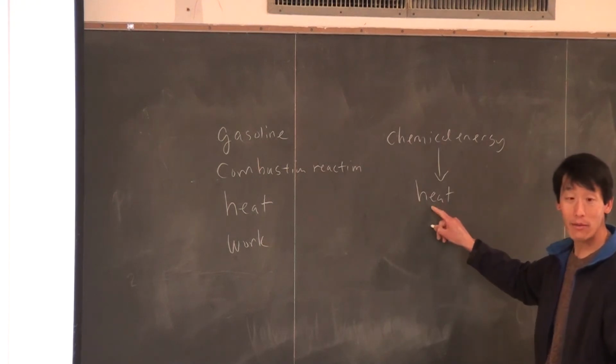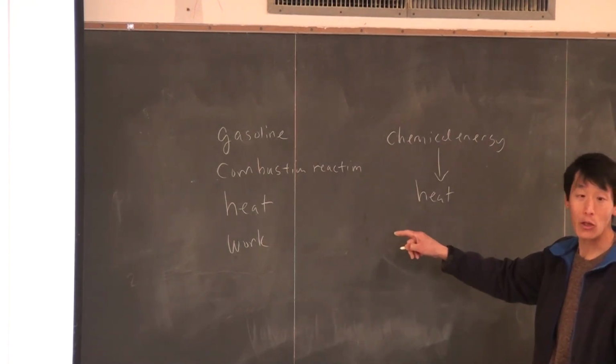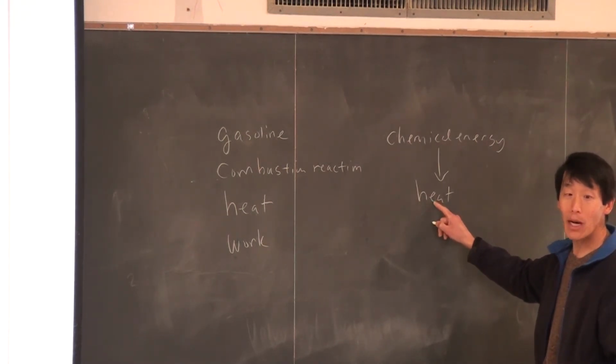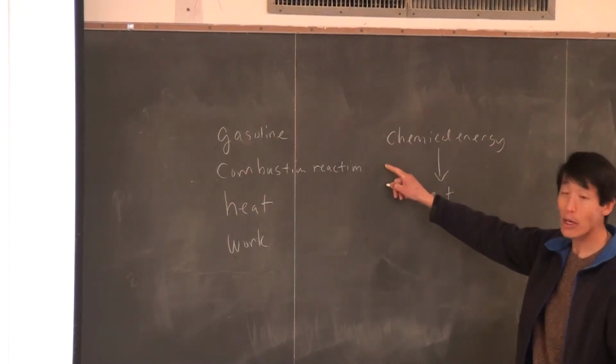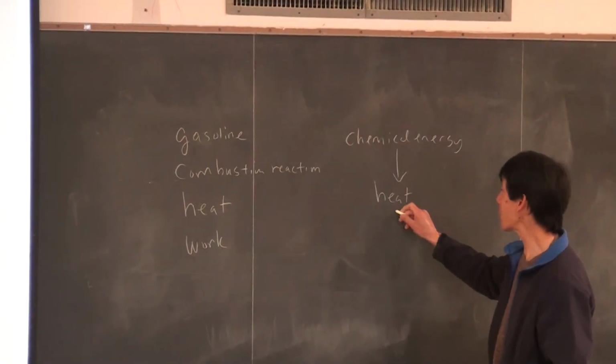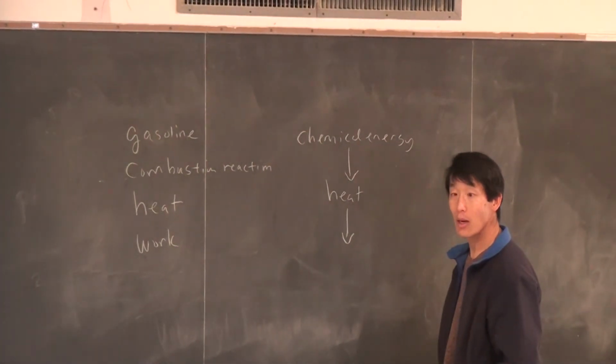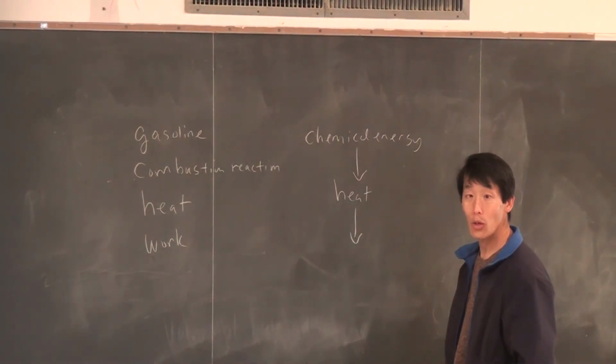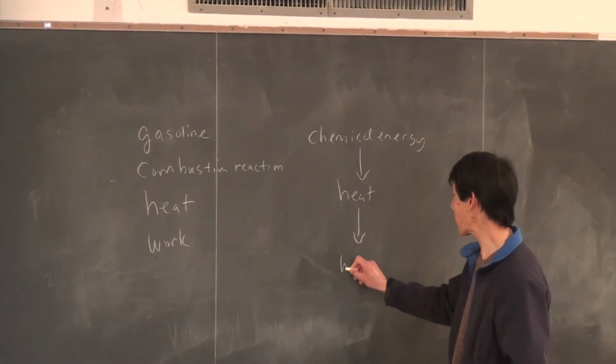Yeah, so the heat contains the kinetic energy, because the atoms and molecules of the products of this reaction are moving. That helps in the conversion of heat. And then the heat is converted into work. Yeah, work or mechanical energy.